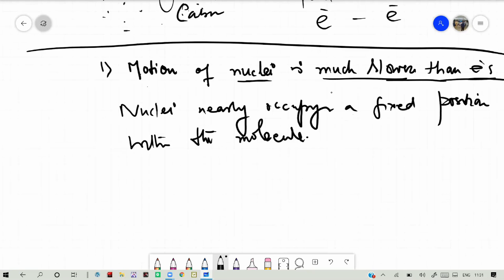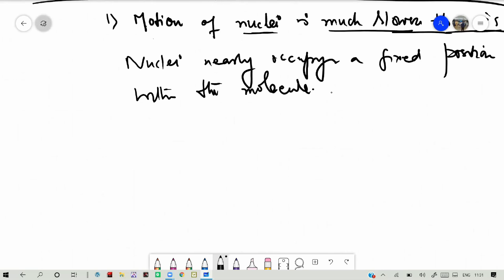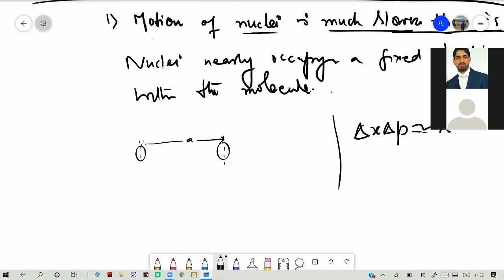So let us suppose that we have a given molecule, and this molecule has two nuclei. This is a diatomic molecule, and the average distance between these two nuclei is a. Then from the uncertainty principle, you know that delta x, delta p is approximately equal to h cut.